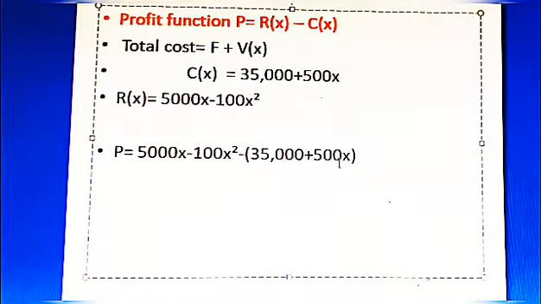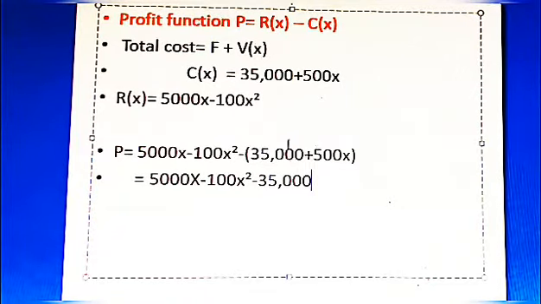Okay. Now the next step, only like terms you can add, you can subtract. So I'll write 5000x minus, you have 100x square. Okay, remove the bracket, so you have minus 35,000, and then plus will be converted to minus 500x.